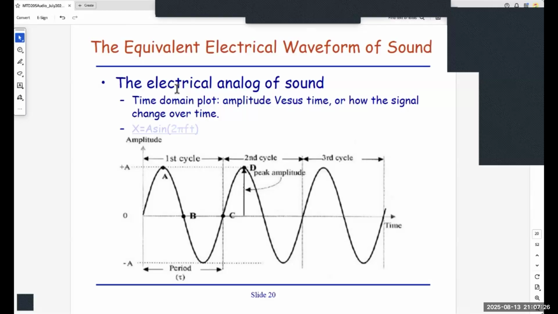To transform sound to what we wish for, we need to understand the electrical representation. Just now we said that a microphone transforms sound to electrical, but we do not yet know how to manipulate this electrical signal. This is the next topic that I want to cover for the next half an hour or so.